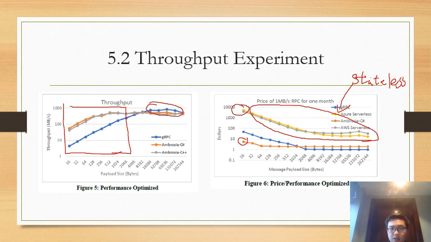For gRPC, it is not a surprise because gRPC is not resilient to failure, but AMBROSIA provides equivalent resiliency to failure with an easier programming model, and AMBROSIA is even significantly cheaper than gRPC for message sizes below 1 kilo.